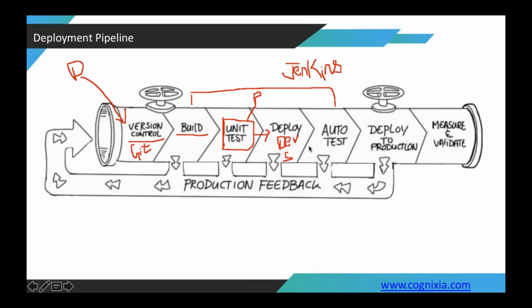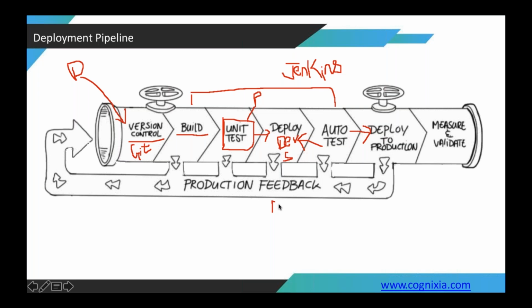Then the automated test cases will be run across these dev environments. The code will be tested on the dev environments, and once those pass, the code will be deployed onto production.